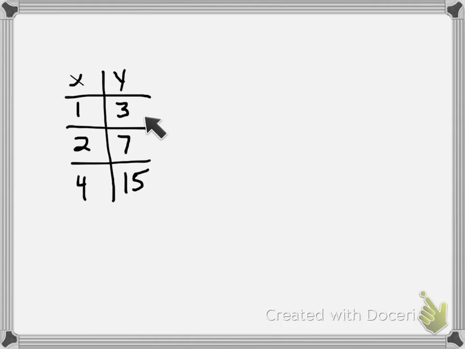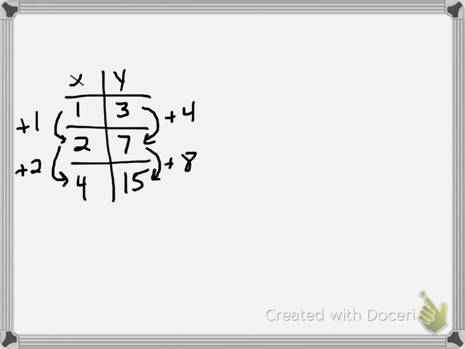I'm going to start by checking my rate of change, rise over run, for all the points throughout the table. Okay, so from 3 to 7, that's plus 4. And from 1 to 2, that's plus 1. And then from 7 to 15, that's plus 8. And from 2 to 4, that's plus 2.